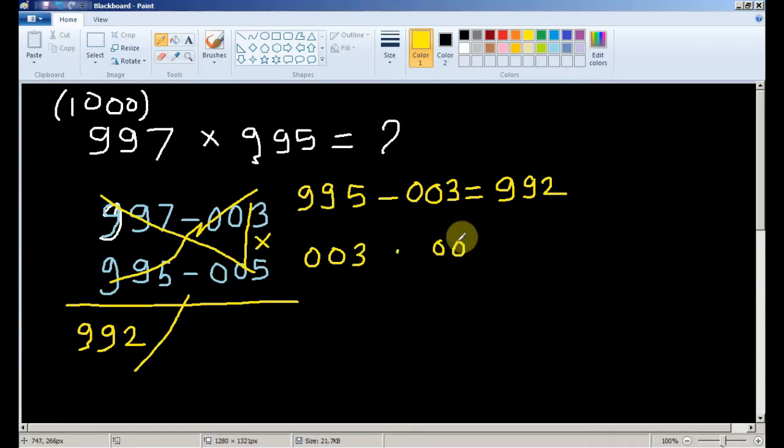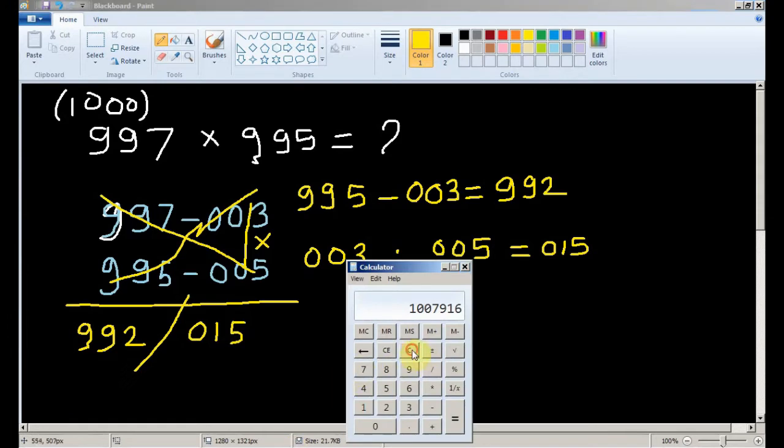You get 5 times 3 is 15, but this is only taking 2 places and you need 3 places, so write it like this: 015. This is your second number. No further operations, and this is your answer: 992015. So let's go ahead and verify this.